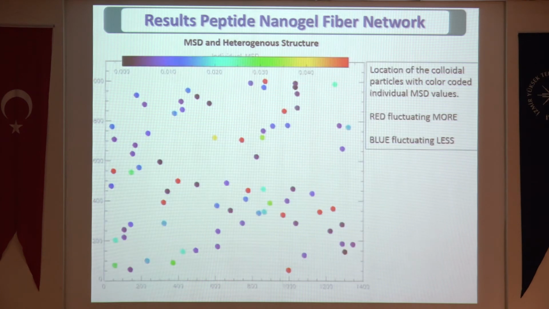If we color code them in an image, the red particles are the ones moving fast, and the dark particles are moving less.